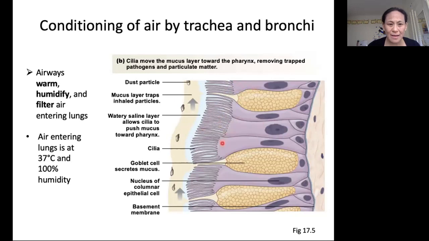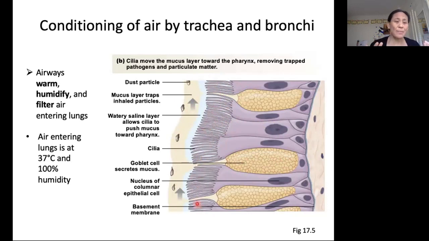We have these ciliated cells right here, okay? They're epithelial cells. And then we have these goblet cells, which are responsible for secreting mucus. That mucus comes out and ends up right here. This is a mucus layer. And then we have a saline layer right here, okay?